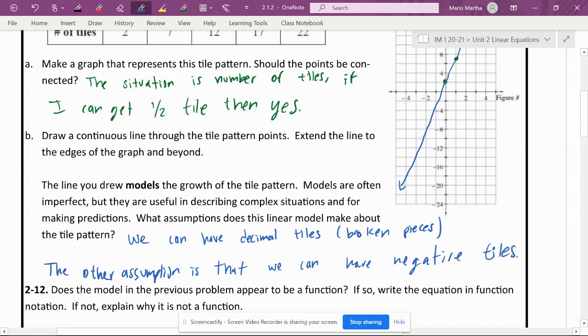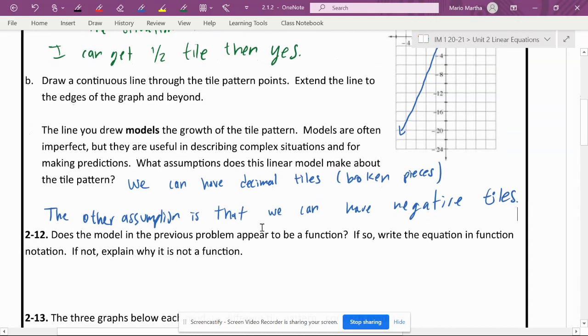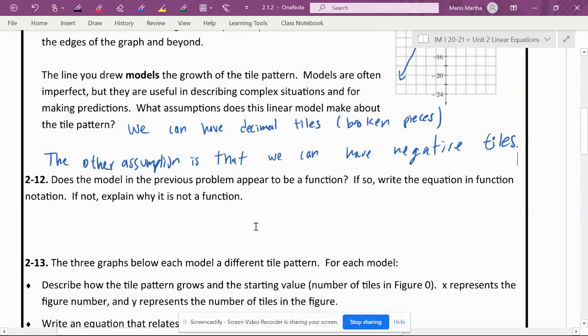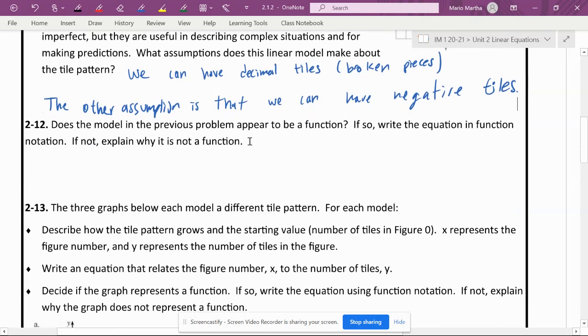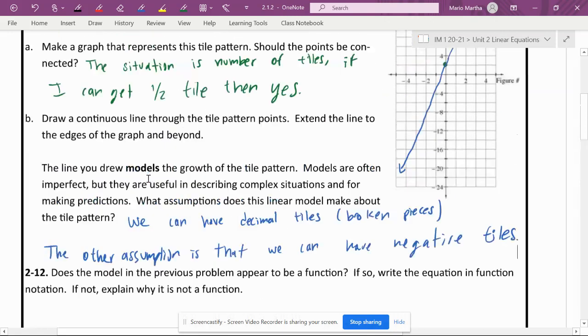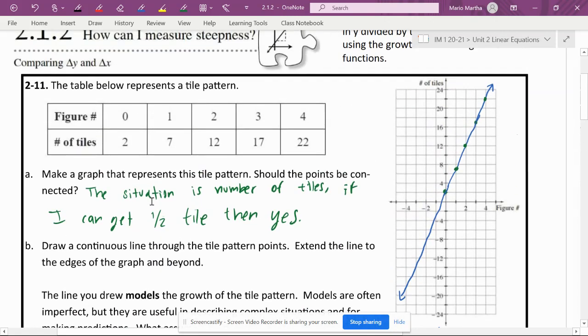And then question 2.1.2, does the model in the previous problem appear to be a function? If so, write the equation in function notation. If not, explain why it's not a function. So here, remember, we can use the vertical line test.